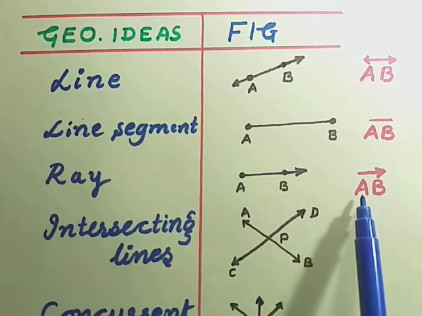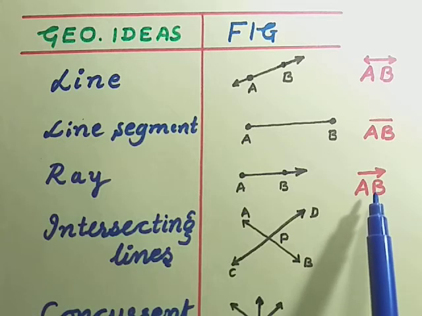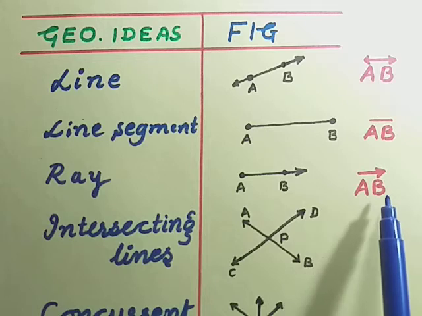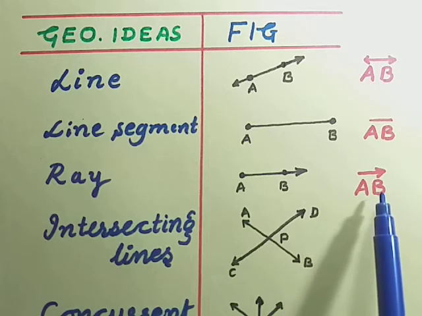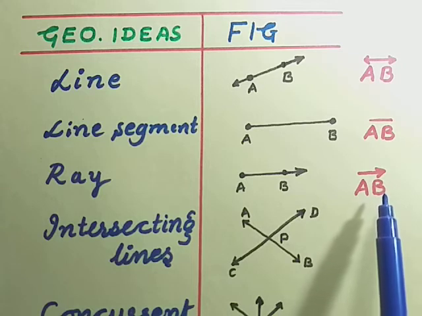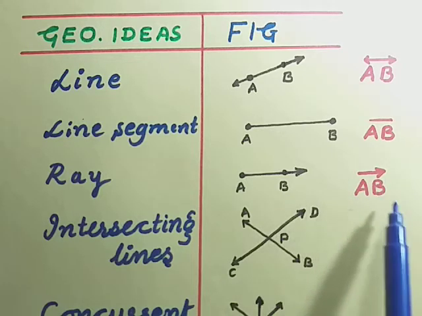A is the initial point and B is the point towards which the ray is heading. You cannot write it as BA, write it as AB. That's how we define it.